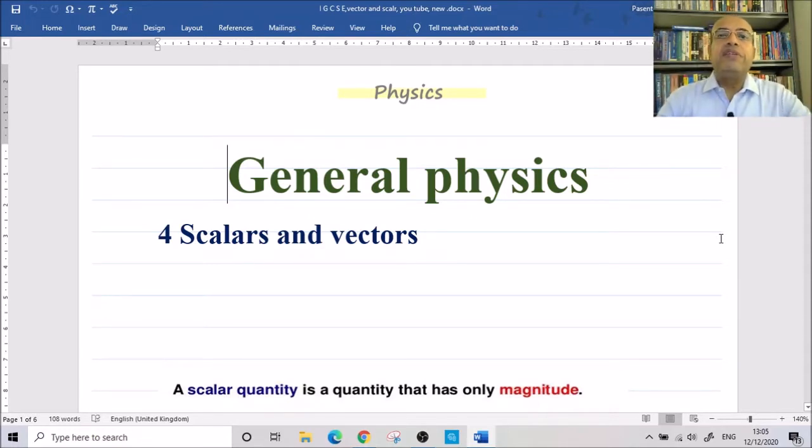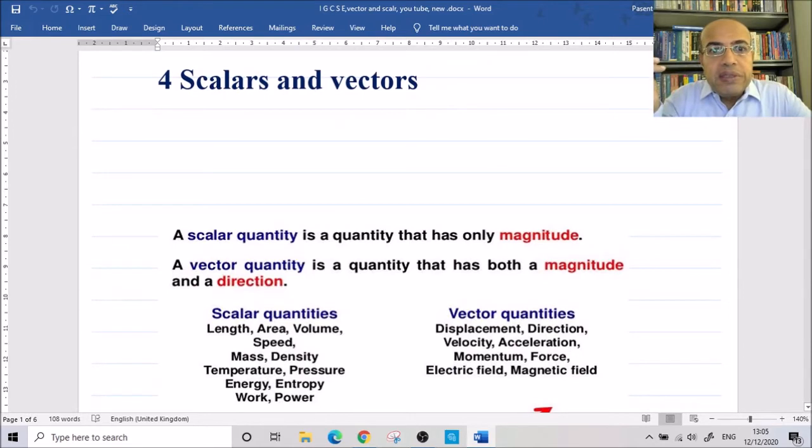So what is the definition of a scalar quantity and a vector quantity? A scalar quantity is a quantity that has only magnitude, one number, of course with unit. A vector quantity is a quantity that has both magnitude and direction. Examples of scalar quantities: length, area, volume, speed, mass, density, temperature.